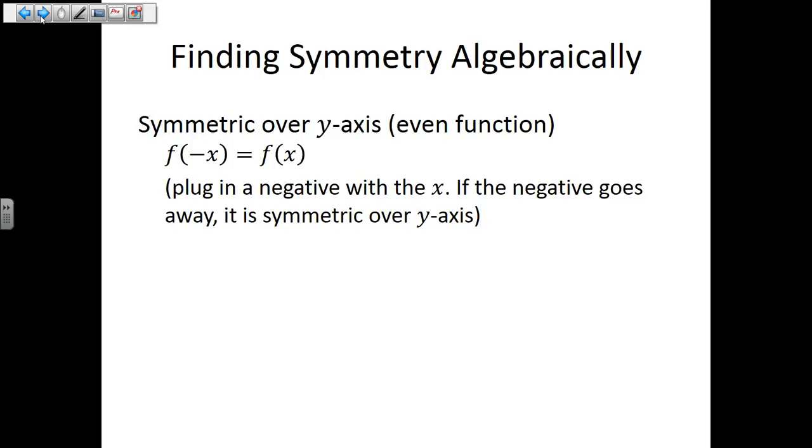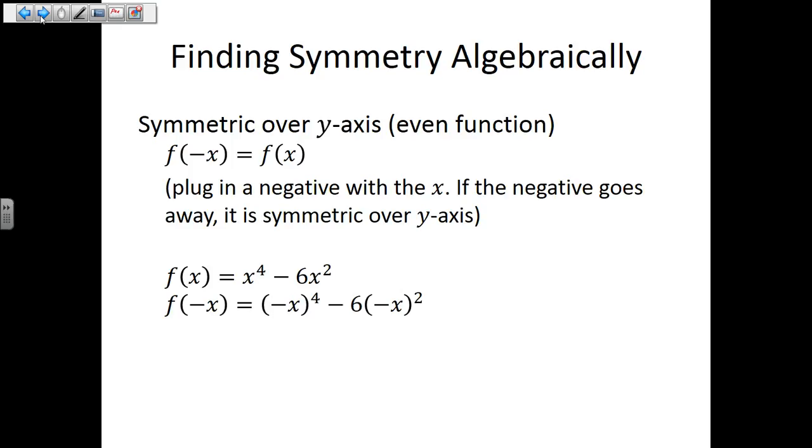Now you're probably thinking, what in the world do you mean the negatives go away? Well, let's take a look at the example. This is actually the function that we looked at, that W shape. f of x equals x to the fourth minus 6x squared. If I plug a negative in with that x, f of -x, that even power of 4 basically throws that negative away.